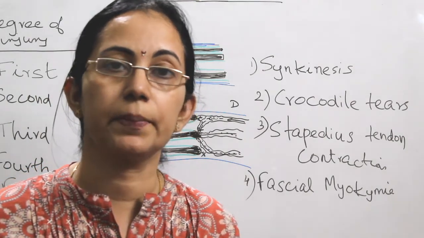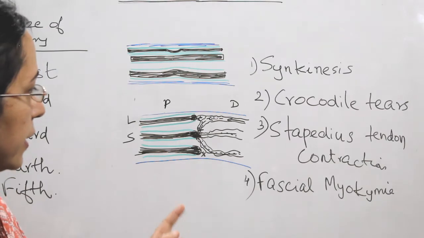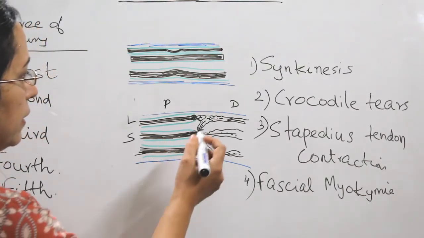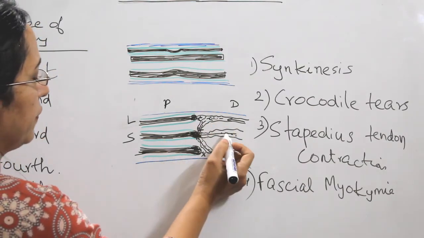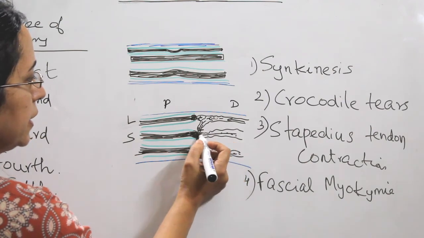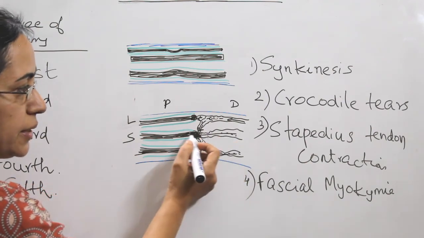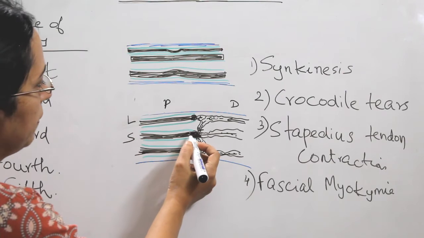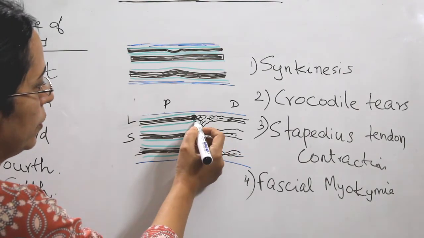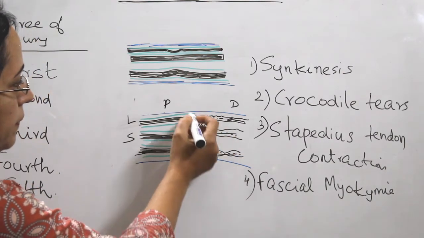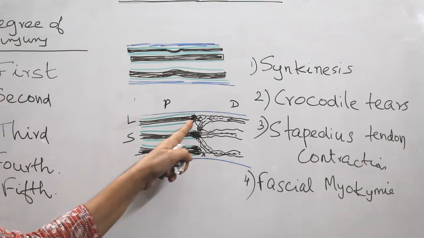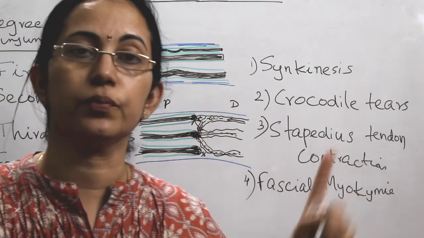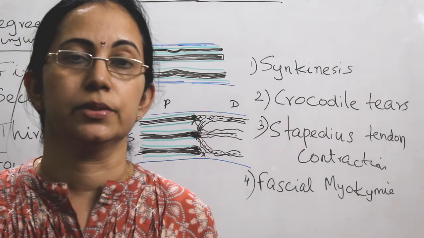So if the lesion happens at or above the level of the geniculate ganglion, what will happen? Sometimes the fibers going for salivation, instead of reaching the chorda tympani fibers, will go and unite with the fibers going for the lacrimal gland.